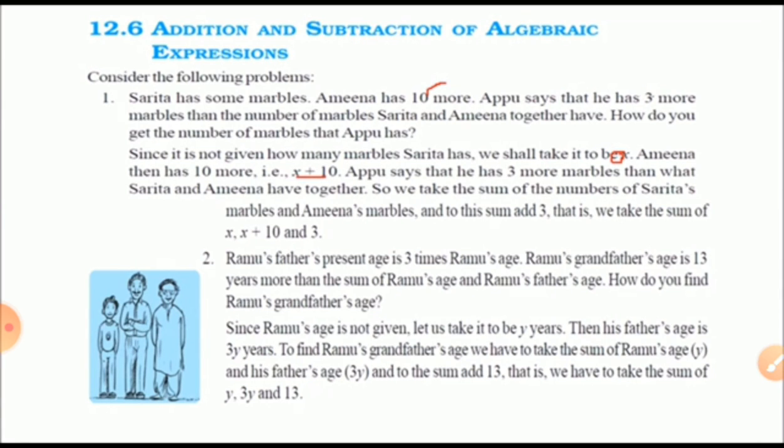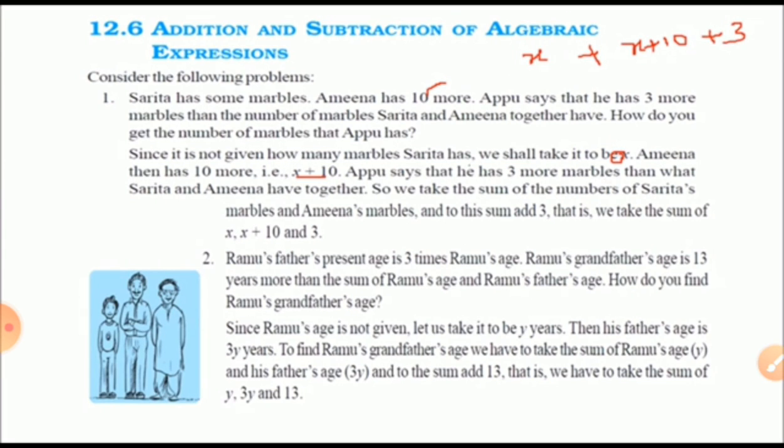Is it better? Yes. Sarita has some marbles, Amina has 10 more. Appu says that he has 3 more marbles than the number of marbles Sarita and Amina together have. How do you get the number of marbles Appu has?